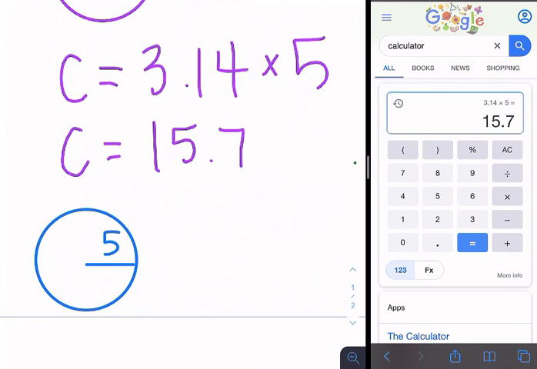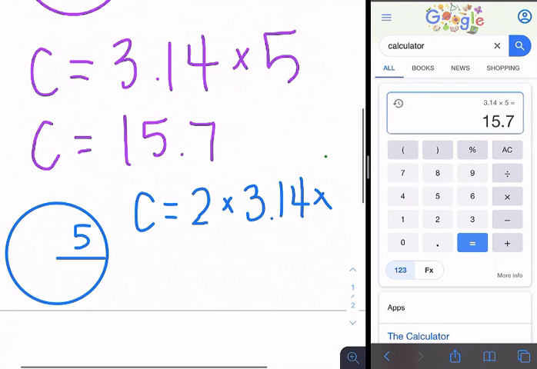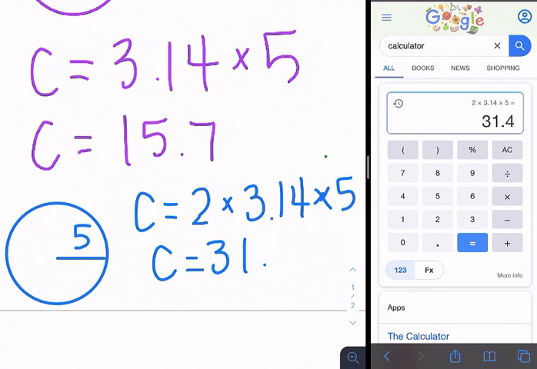So I'm going to use my other formula, and I'm going to say the circumference is 2 times pi times my radius, which is 5. So 2 times 3.14 times 5, and I get 31.4.